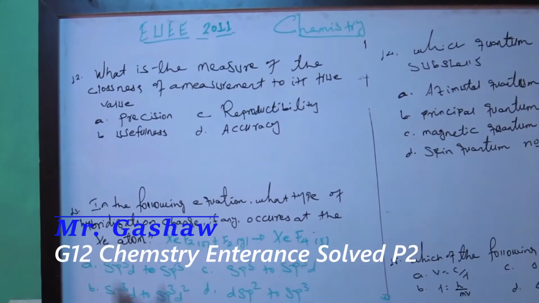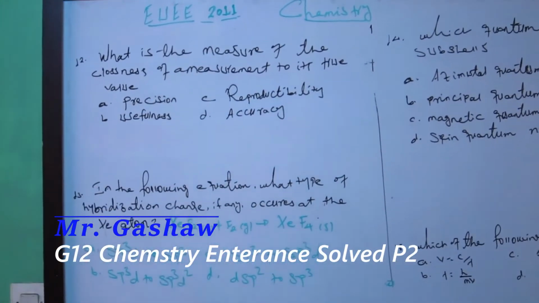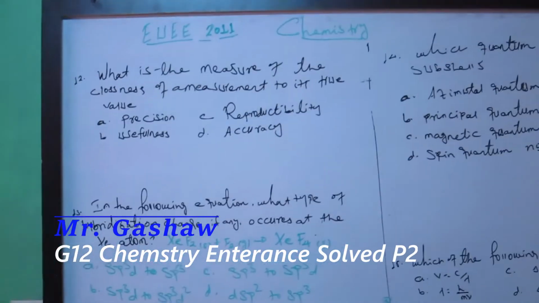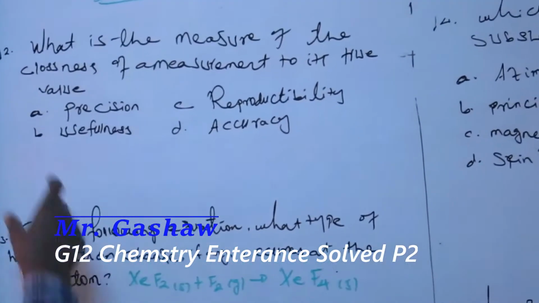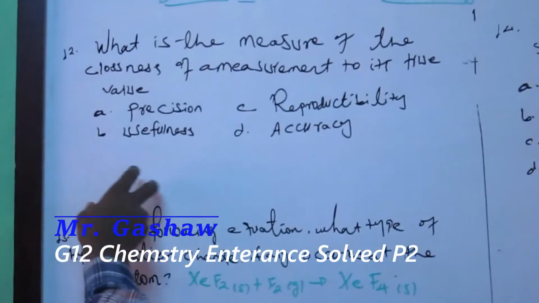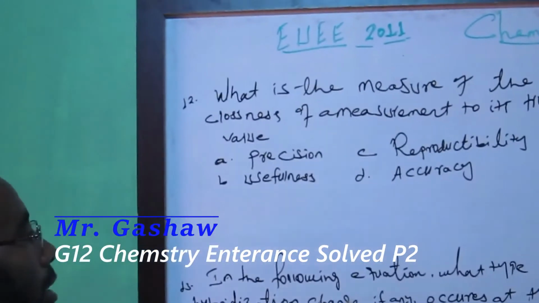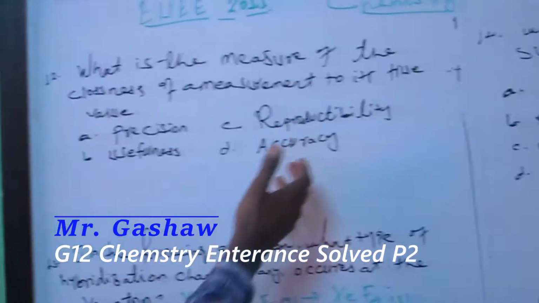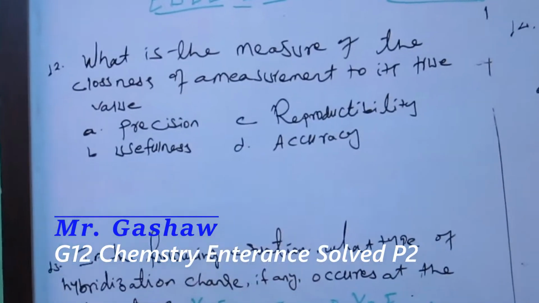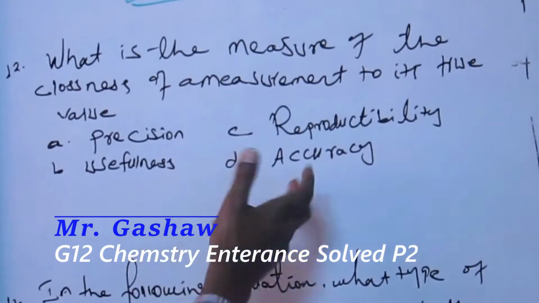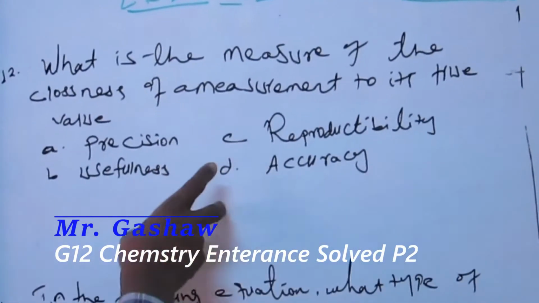Okay, the next question is, what is the measure of the closeness of measurements to its true value? When we conduct experiments, when we measure something, it should be either precision or accuracy. Precision and accuracy, let us define one by one.